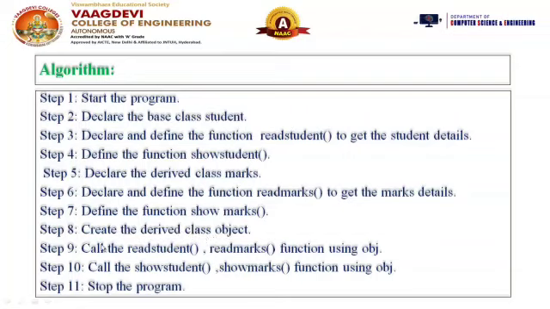In next step, we use this object to call member functions of read student function, read marks function using the created object. This function will allow us to get values from our keyboard. In step 10, we use this object to call show student function, show marks function to display student details.